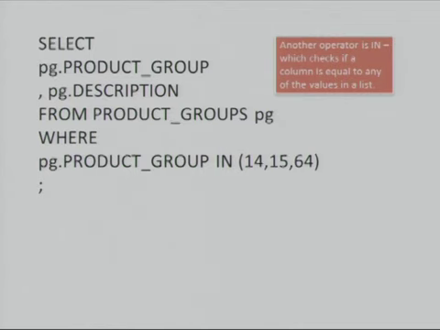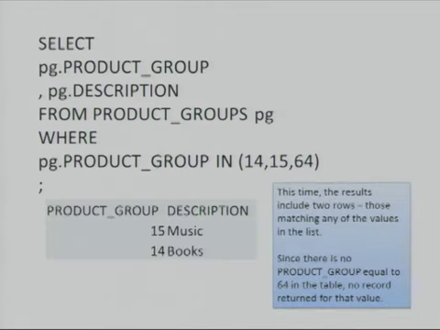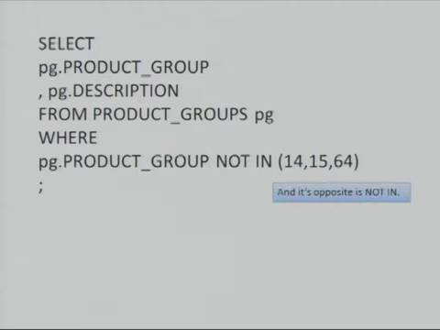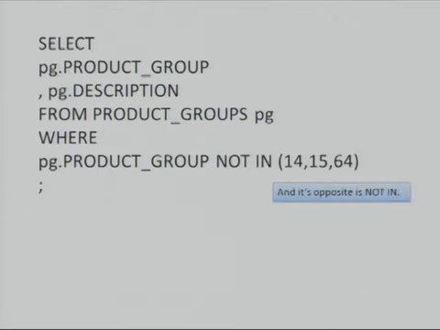So basically we're saying here that if the product group is equal to 14, or 15, or 64, then return those results. 64 actually isn't a valid product group, so we only get two results, 14 for books and 15 for music. And it has an opposite, not in, which will return everything that's not in that list.